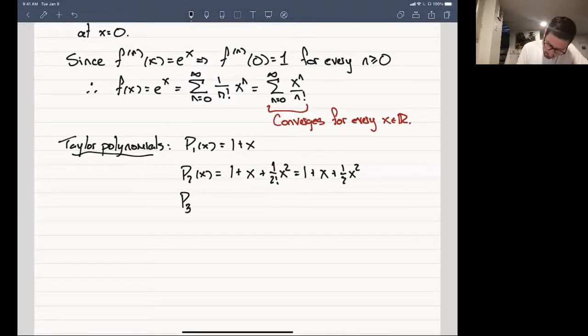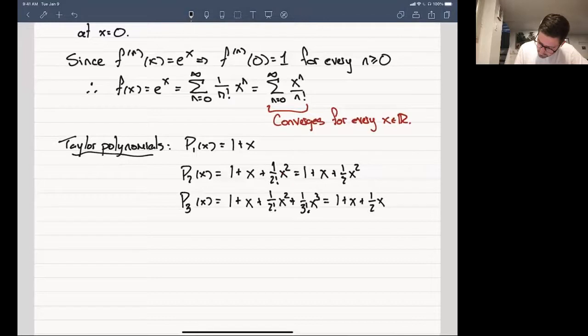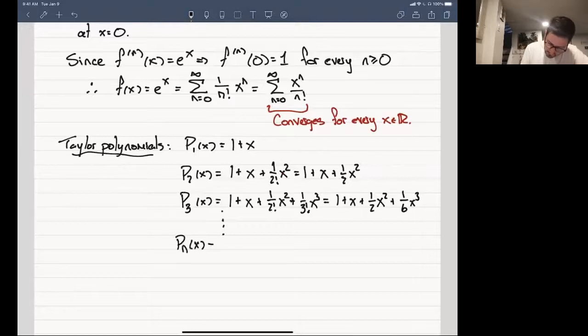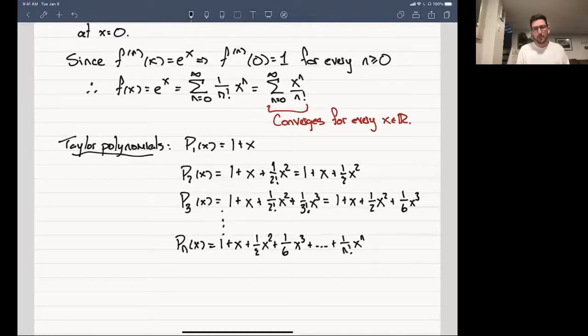Similarly, P3 is 1 plus x plus 1 over 2 factorial x squared plus 1 over 3 factorial x cubed, which gives me 1 plus x plus 1/2 x squared plus 1/6 x cubed, and so on and so forth. And Pn is an n degree polynomial, which is going to look like this, up to 1 over n factorial x to the n.